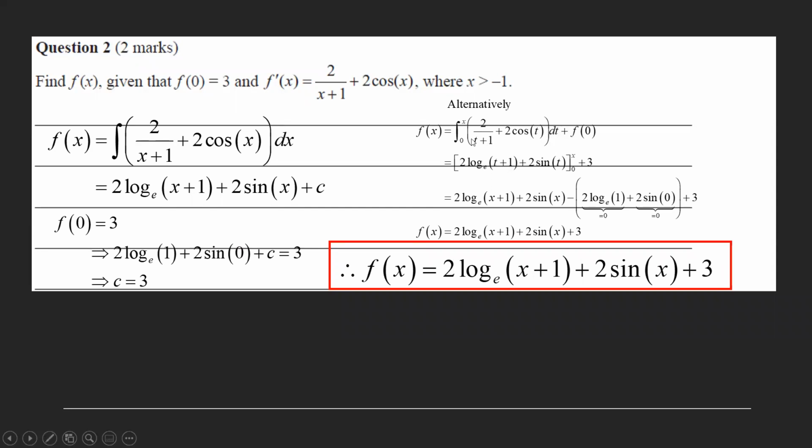It must be du or dt or something first. Then you integrate with respect to your other letter to get something like that. Don't forget to add the initial value of f, which is plus 3, and evaluate this definite integral, subbing in x and 0 to get your f of x equals this sort of stuff, all right?